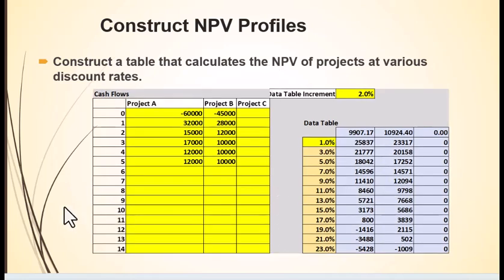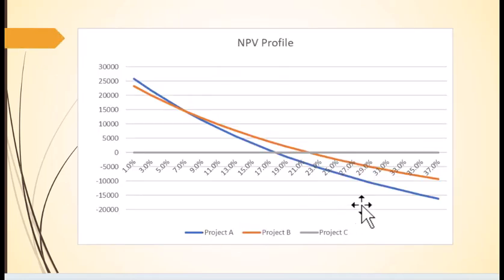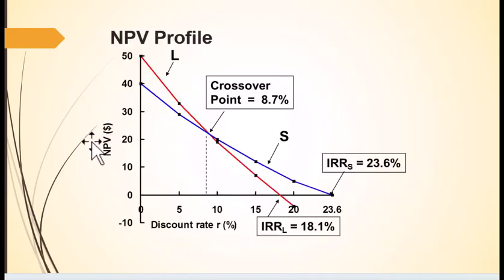So if we look at this graphically, what we can see is that as the discount rate increases, the net present value declines.